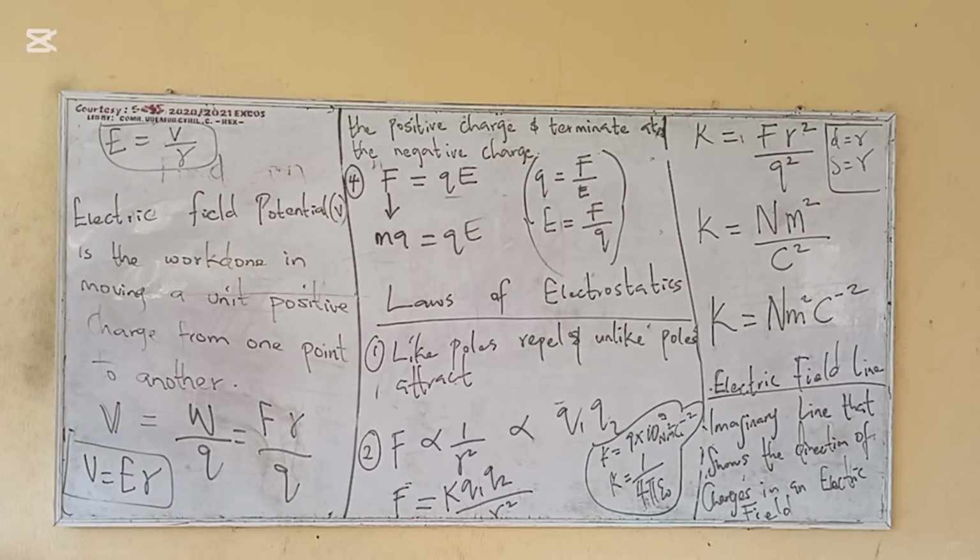How many microcoulomb make 1 coulomb? You know that the unit of charge is coulomb, right? I did not ask how many coulomb equal a micro. I'm saying if I have 1 coulomb, it is equal to how many microcoulomb? 1 million.